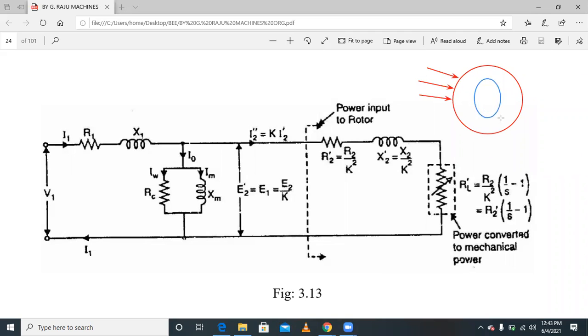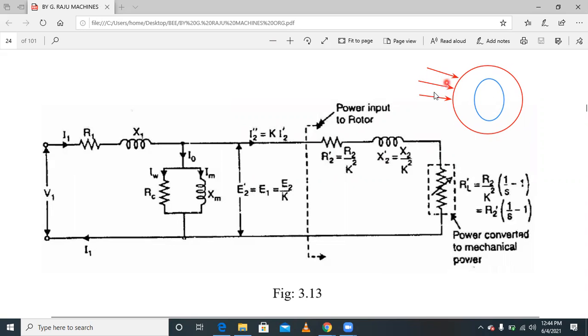So for example, this is called the stator, and this is called the rotor. The stator has a three-phase supply, R phase, Y phase, B phase.